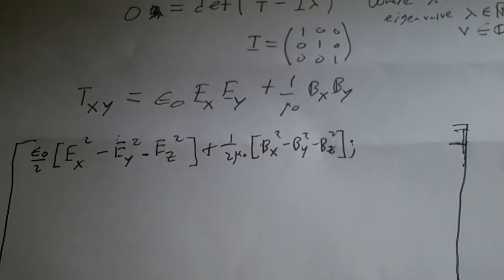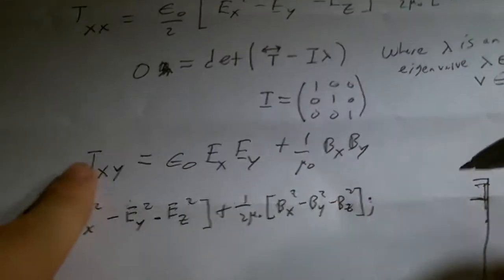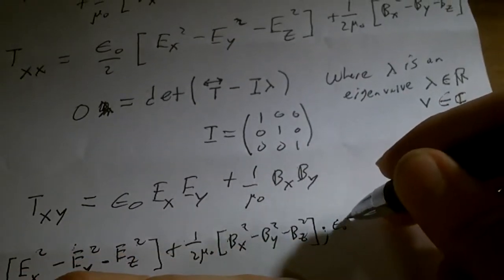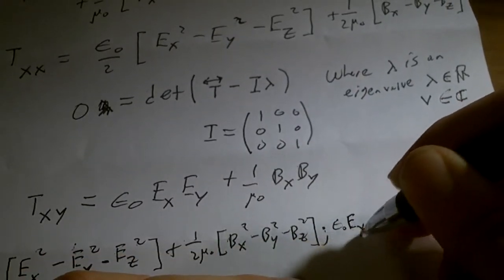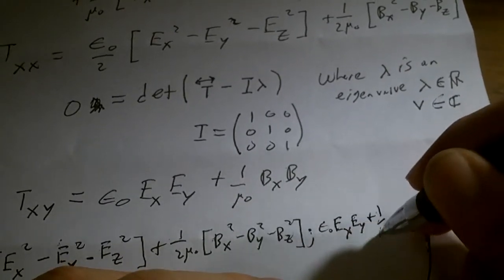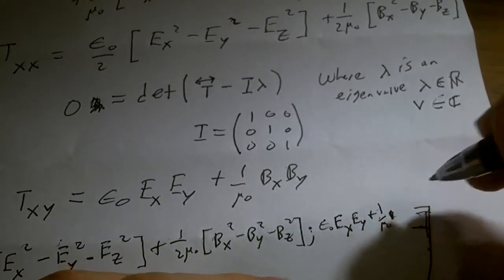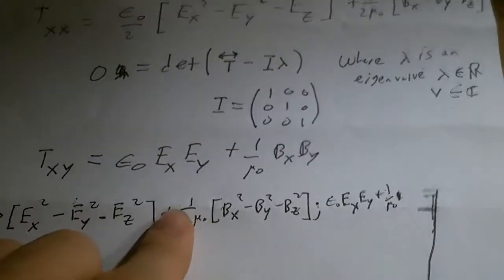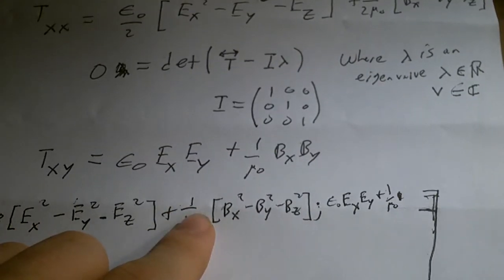Now for the Txy, we have epsilon sub naught Ex Ey plus 1 over mu naught of, I'm not going to have enough room. That's how messy it is. So how about this, I'll just show it for other terms.